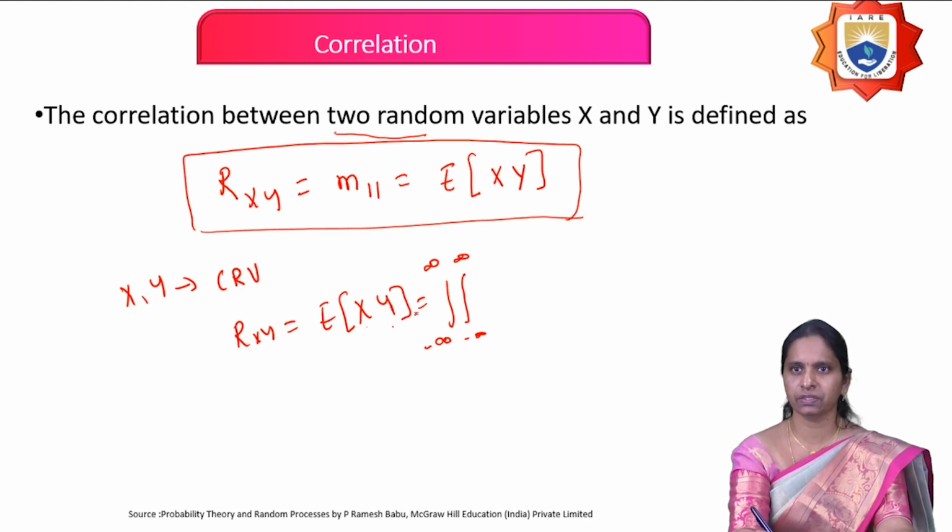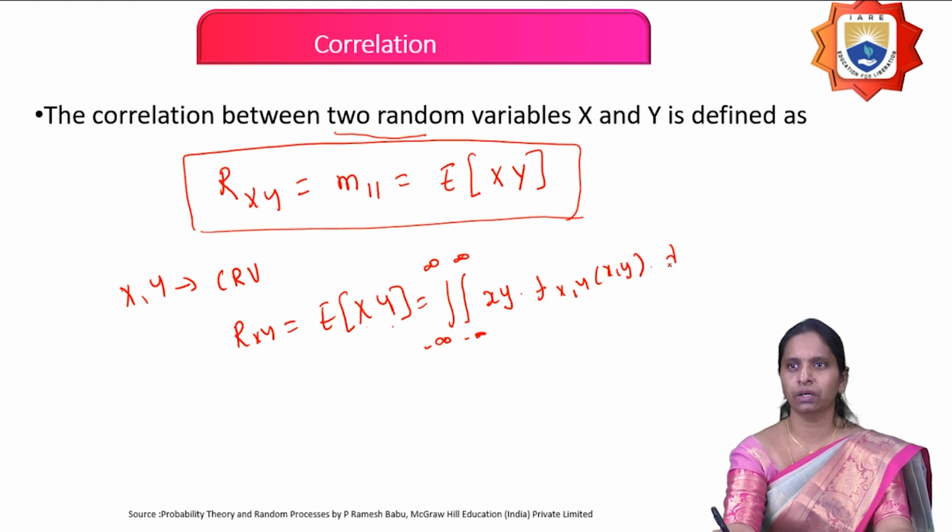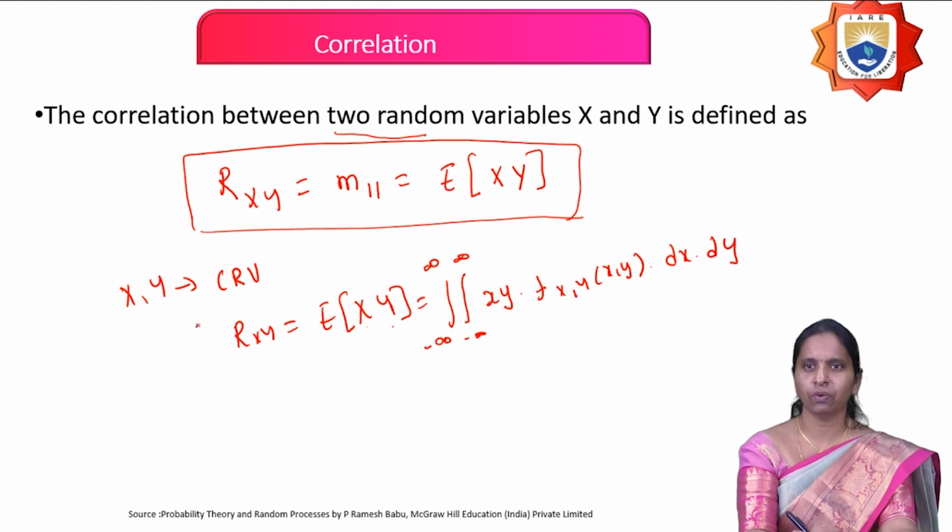Expectation of any function: write that function here. Previously you had g of x comma y; in place of g of x comma y, you have xy. Therefore write x into y into the joint density function of these two random variables, represented by f xy of x comma y, into dx into dy.